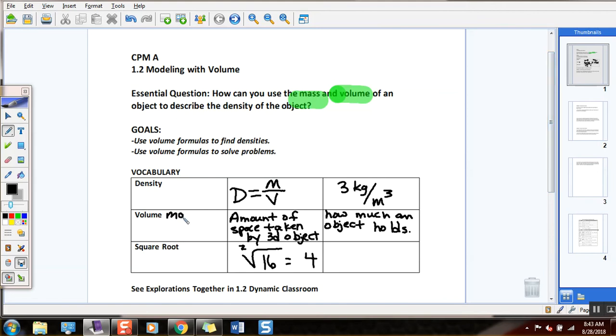Make sure all lengths have the same unit. If you start just looking at the numbers and you don't even take the units into consideration, things are going to get screwed up. So make sure before you find a volume that all of those measurements have the same unit to them. Okay?